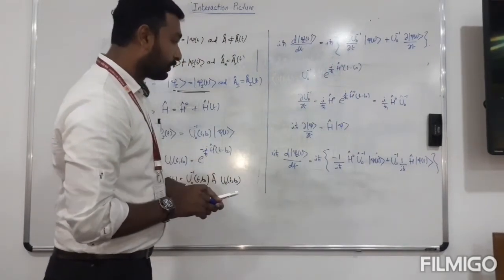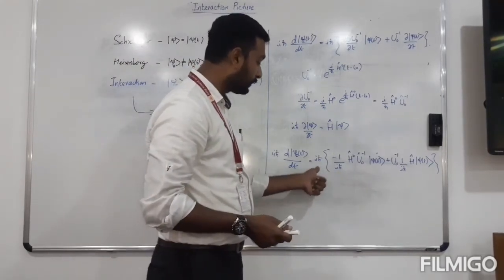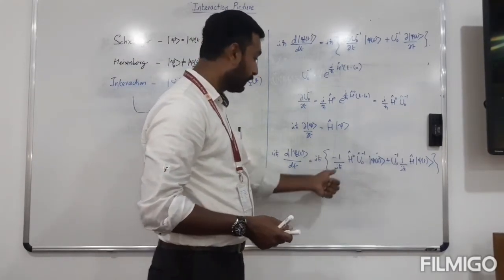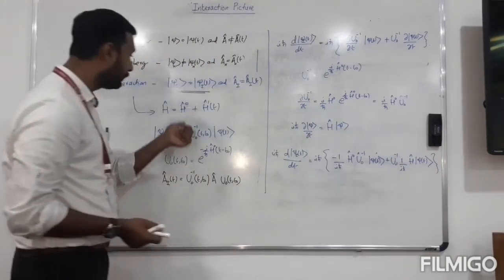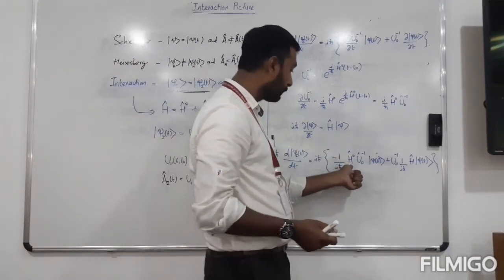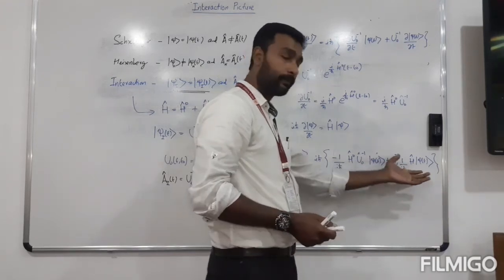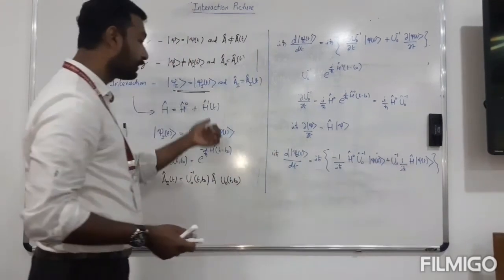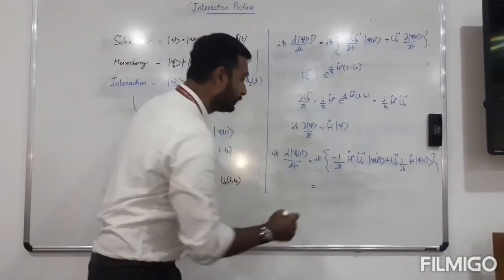Okay, then it is very easy to simplify it. I can take 1 by iħ outside, so this iħ would cancel, and there is a minus sign here, there is a plus sign here, and H is the total Hamiltonian, which is H0 plus H prime. Okay, so what will happen is the term H0 U0 inverse psi I of t would cancel, and I will get only the term containing H prime. So finally the result would be very simple.